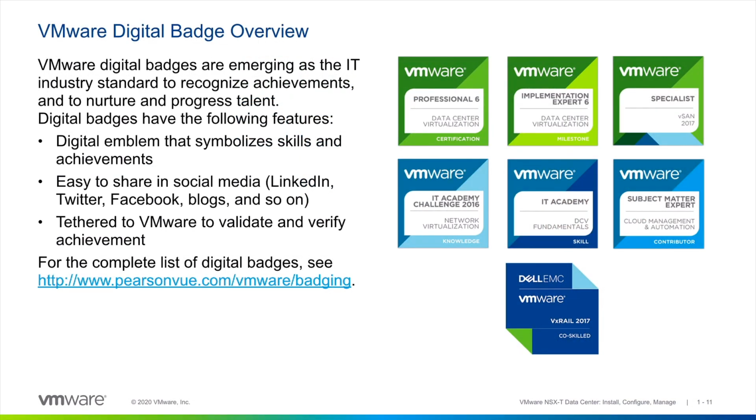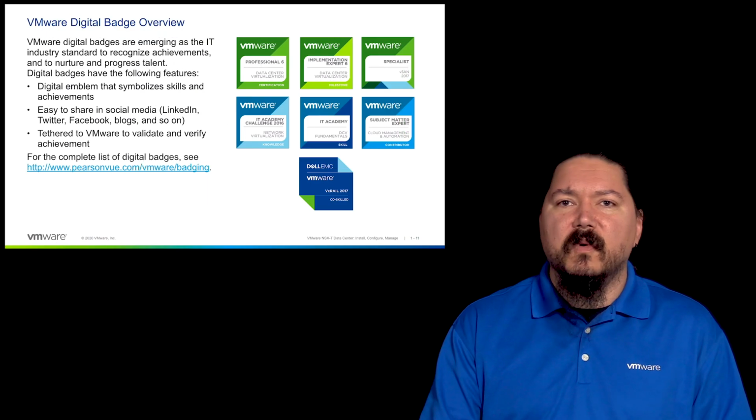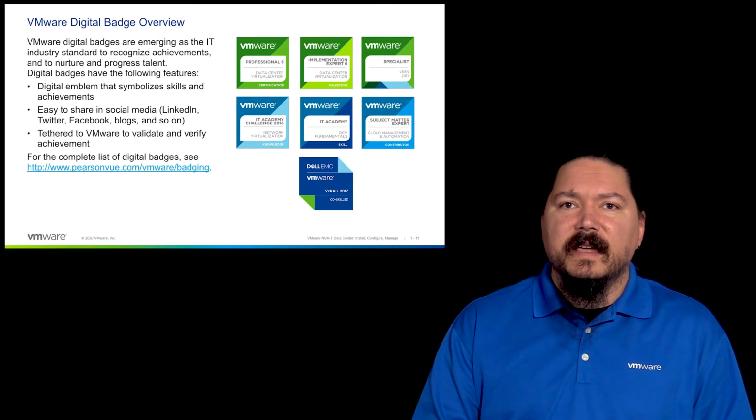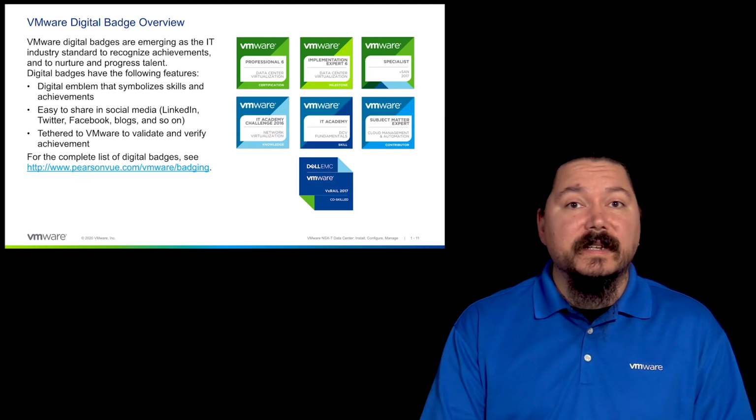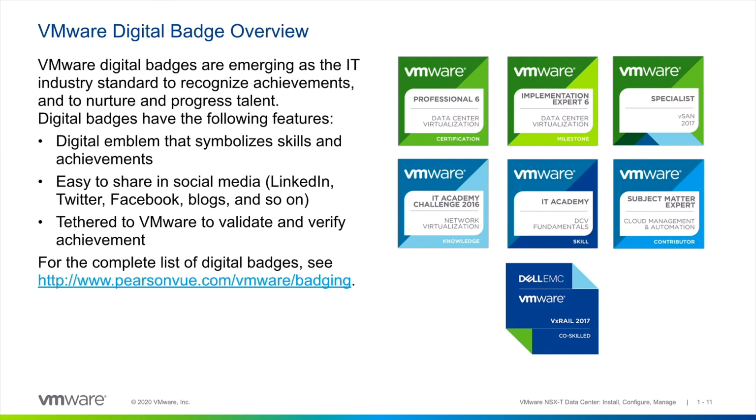So if you do a lot of work with vSphere, for example, and vSAN in particular, and you want to showcase that work with vSAN, we actually have a vSAN specialist badge. It gives us an opportunity to show off more of what we do in a digital, accredited way, right? And there are exams that go with most of these, but these are things that we can use to further our certifications beyond the core VCP, VCAP, VCDX, right? These give us additional ways to showcase what we know and what we can do.